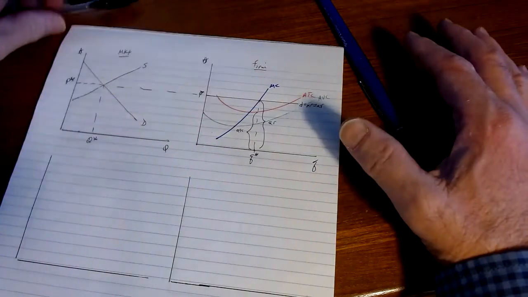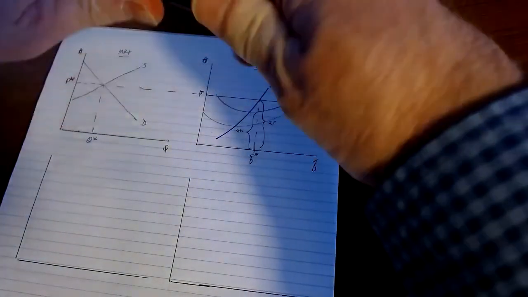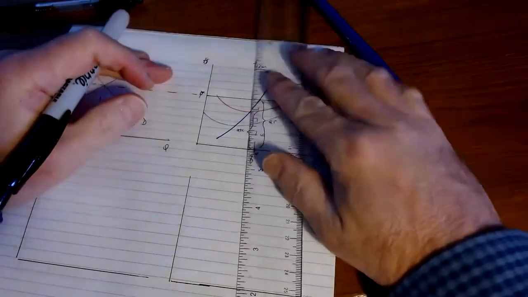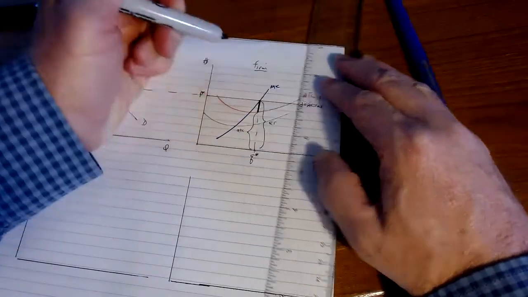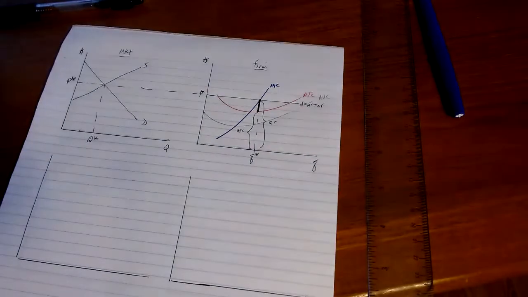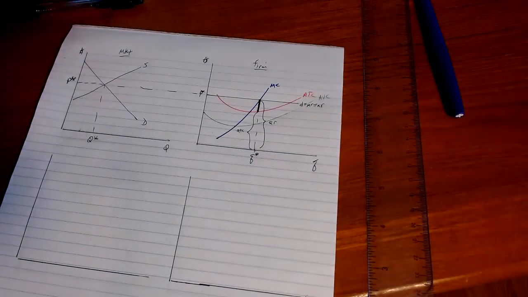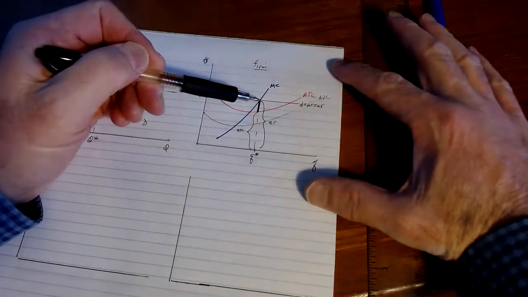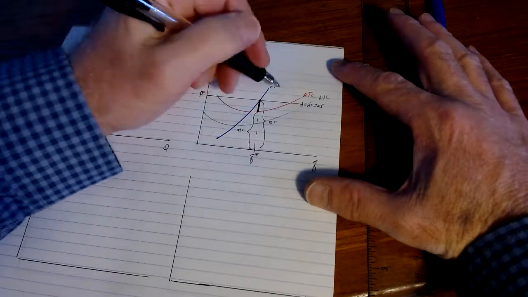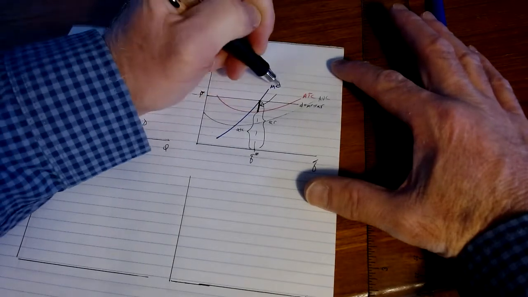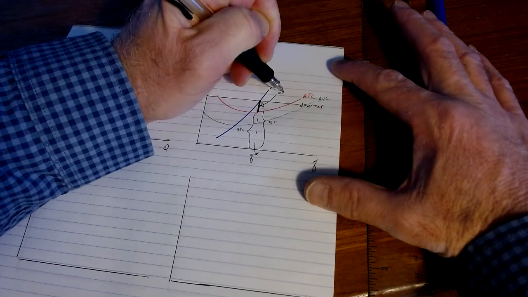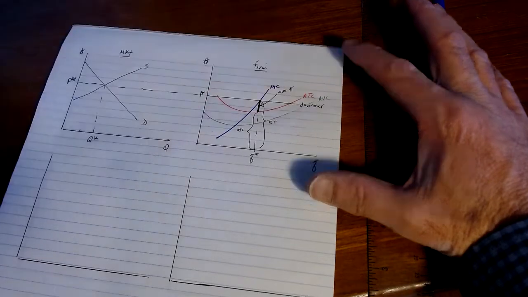The difference between those two, this vertical distance right here, is the firm's profit per unit. The difference between its revenue per unit and its cost per unit, this height right here, is the firm's average profit.